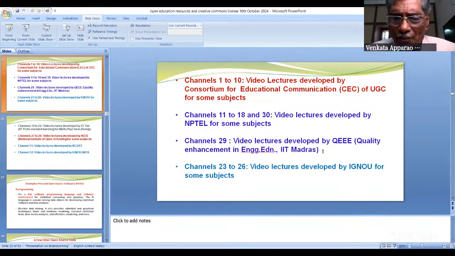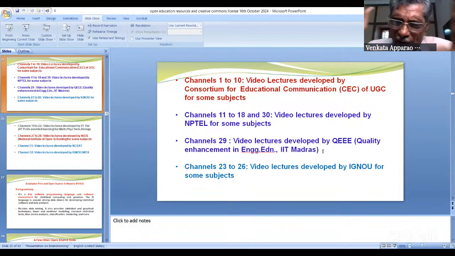These 9 channels carry video lectures developed by NPTEL, National Program for Technology Enabled Learning, for some subjects. Channel 29 carries video lectures developed by Quality Enhancement in Engineering Education of IIT Madras.